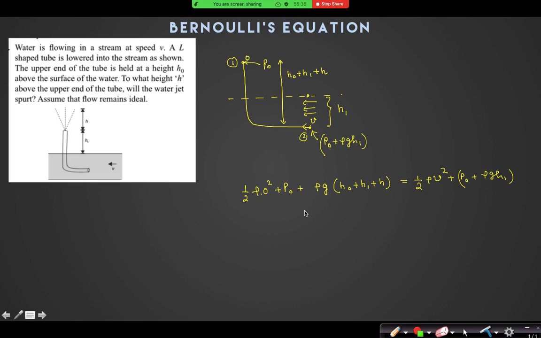So the value of h you will get is equal to v square by 2 minus h naught, divided by g, whole into 1 by g.